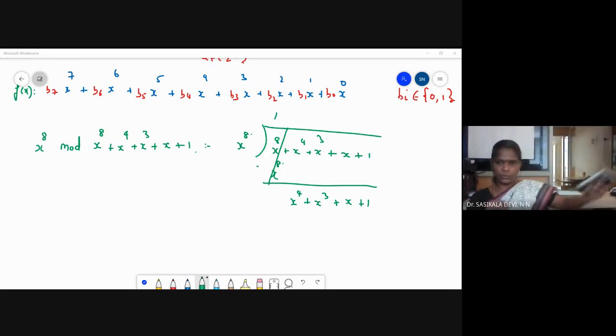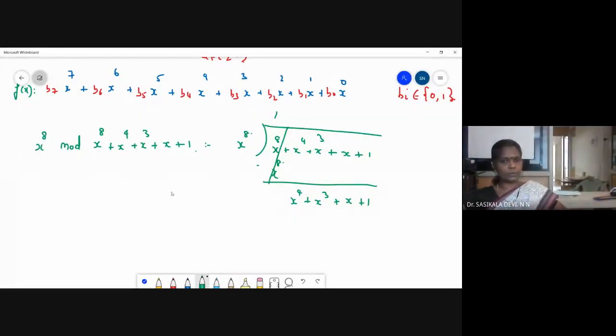So this element, x power 4 plus x power 3 plus x plus 1. So x power 8 mod x power 8 plus x power 4 plus x power 3 plus x plus 1 can be written as x power 4 plus x power 3 plus x plus 1.